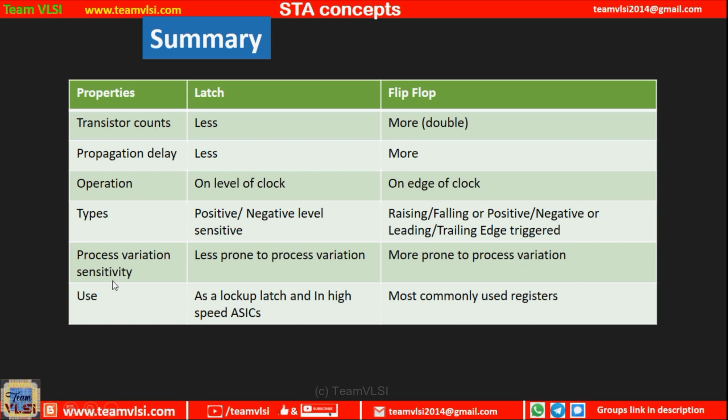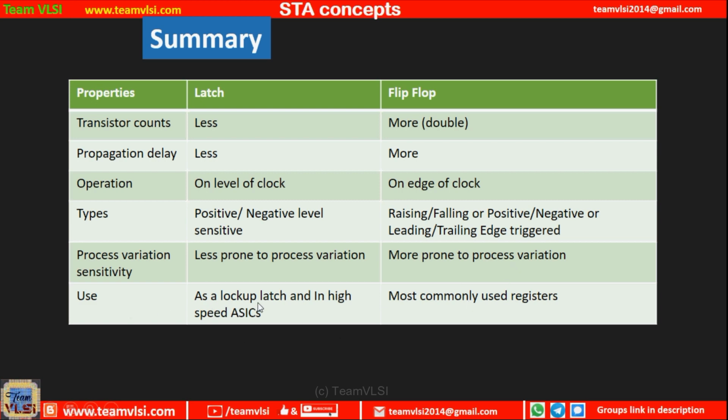Process variation sensitivity, which is the most important thing. In case of a latch, there are fewer transistors, so it is less prone to process variations, whereas a flip flop is more prone to process variation as compared to the latch.